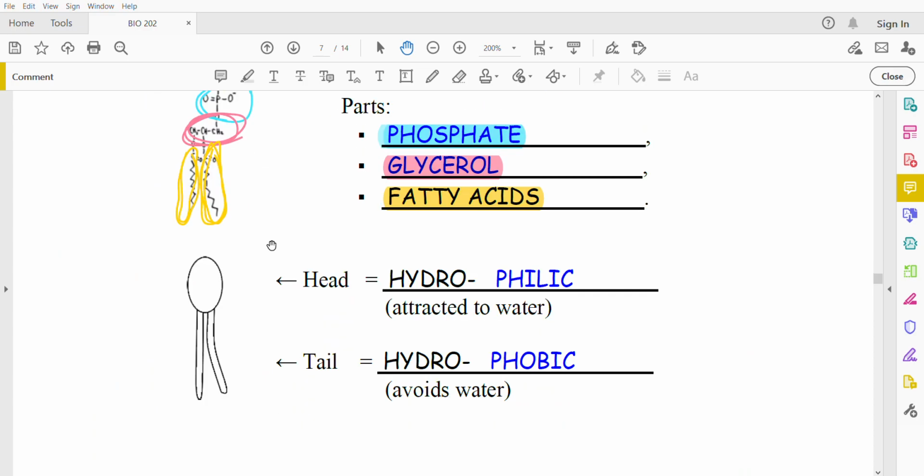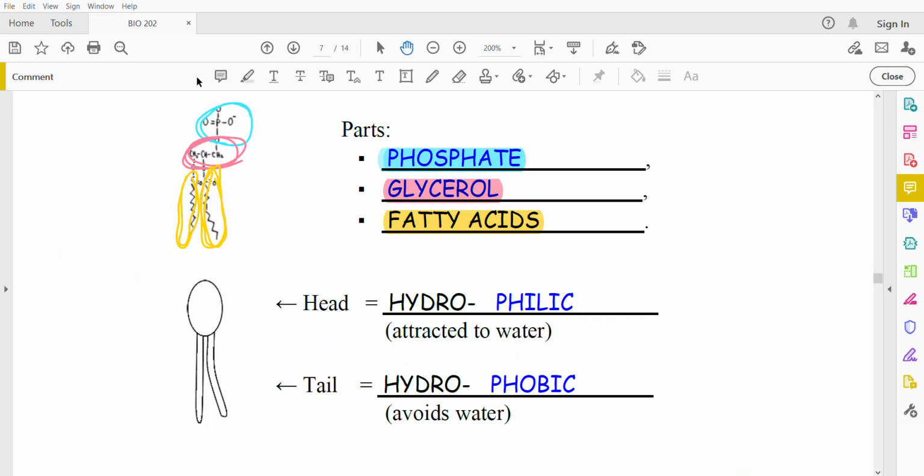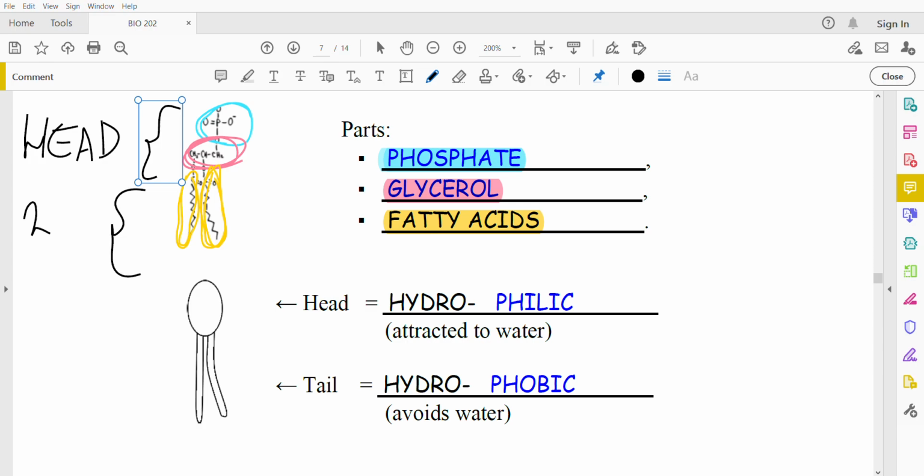As you see below, I have simply written out the chemical structure. So the phosphate and glycerol form the head part, and the tails were formed by two fatty acid chains.